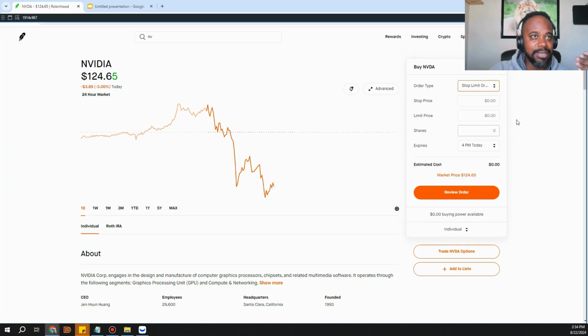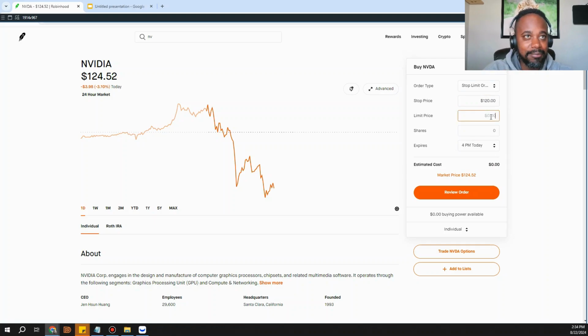Now, as we come to a stop limit order, when you're dealing with stocks like Tesla, they move very fast. So you may need to use a stop limit order because it's going to give you a range. So if Tesla, for example, was at $124, and it's moving fast, very volatile, and I say I'm not willing to lose more than $4.